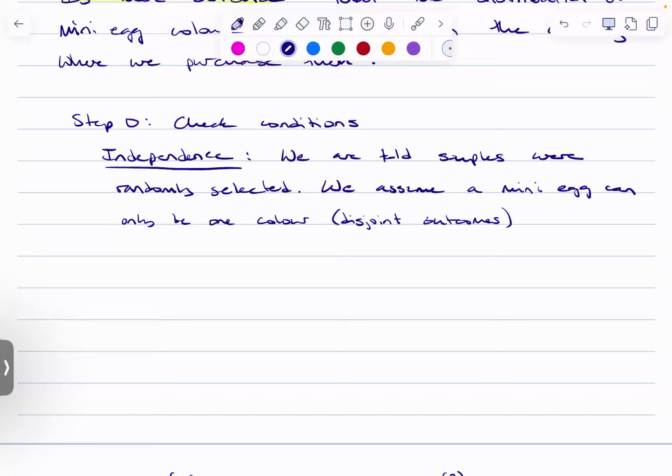And a mini egg can only come from one country in our sample, right? And countries are disjoint. Well, so that's the independence condition. The sample size condition, we need our expected counts.